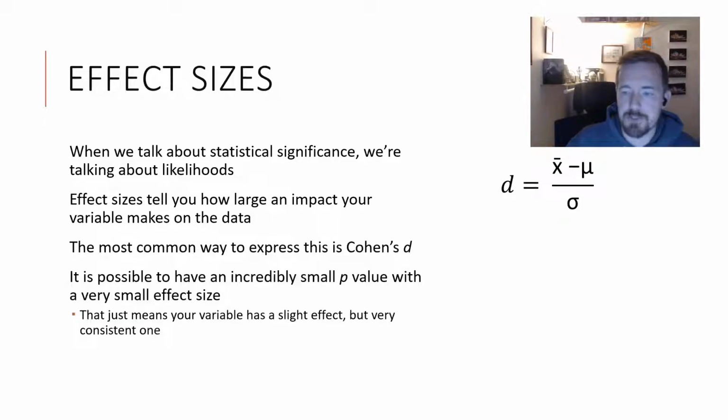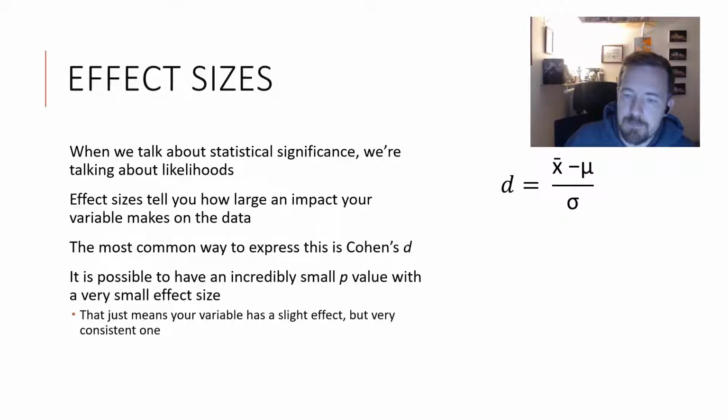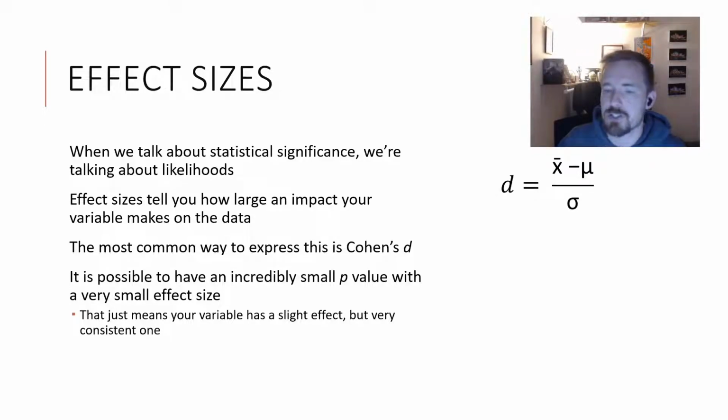The most common way to do that for the next few chapters is going to be with what's called Cohen's d. Cohen's d is an effect size measure, and a lot of psychology journals are requiring it these days. Before, you could just get by with using a p-value. Now you actually have to use the effect size.